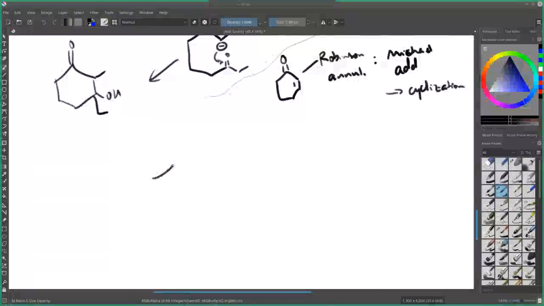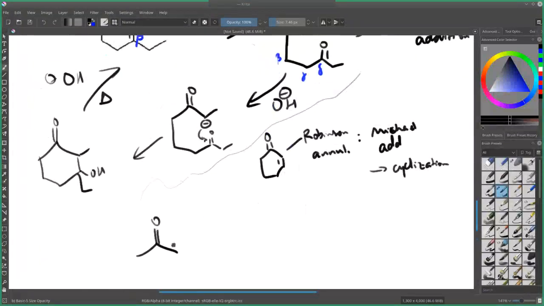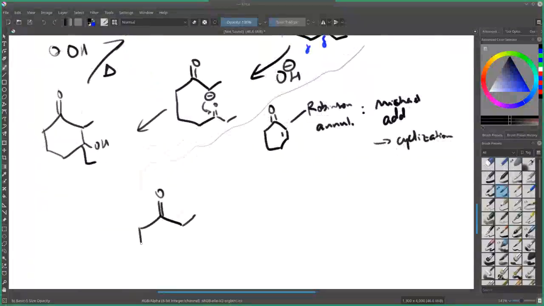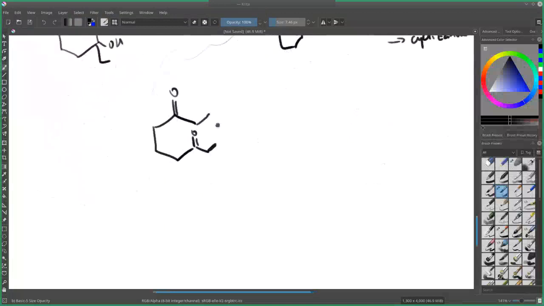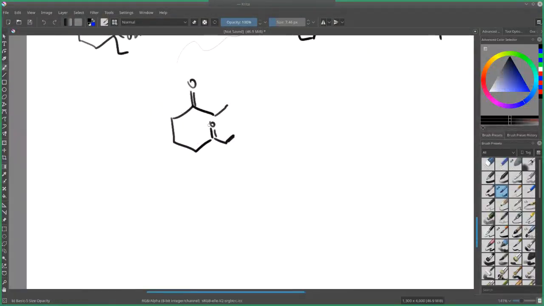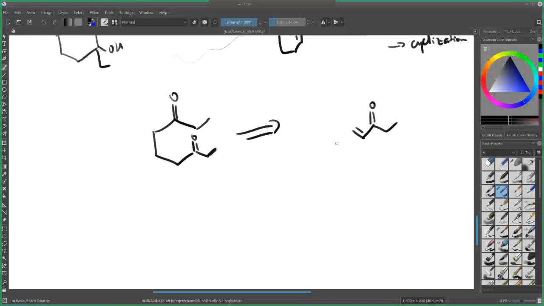To do that, we want to make this compound, and the question is how. Whenever we have a Michael addition, we want one of our ketones to be conjugated, and the other one will be an enolate.